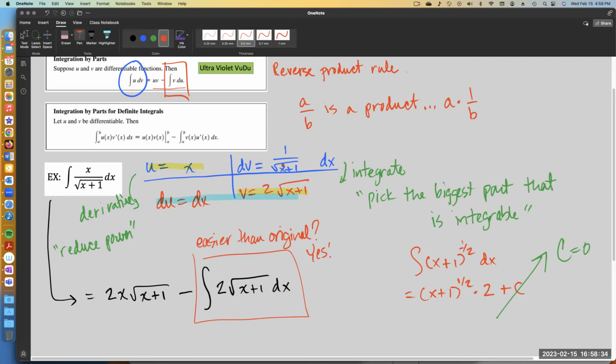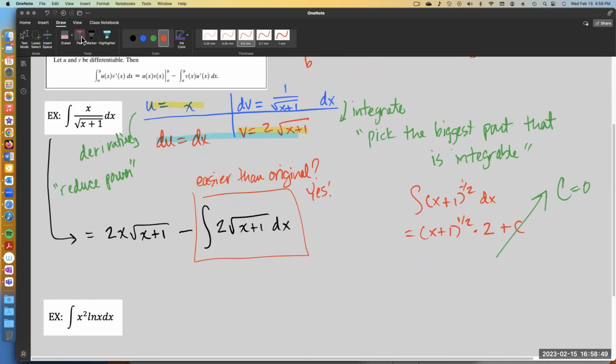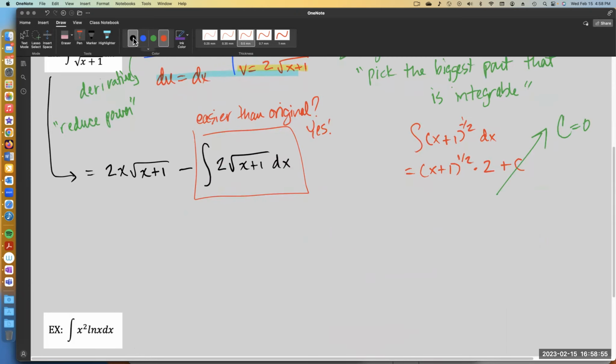You know that these 2 blue things have to multiply to the inside. If what you chose gave you an integral that was harder than the original, then you just go back and change your u and your dv to something different and try again. But for us, it's easier. So that means we chose properly. And now we just integrate that and we are done.